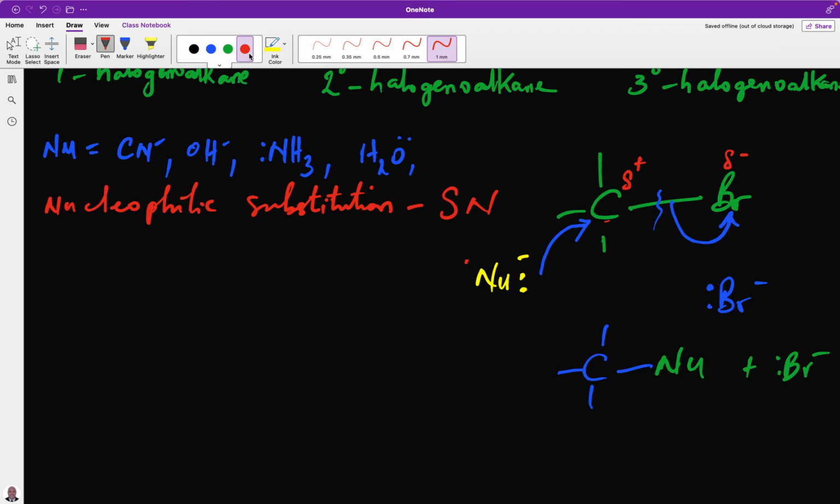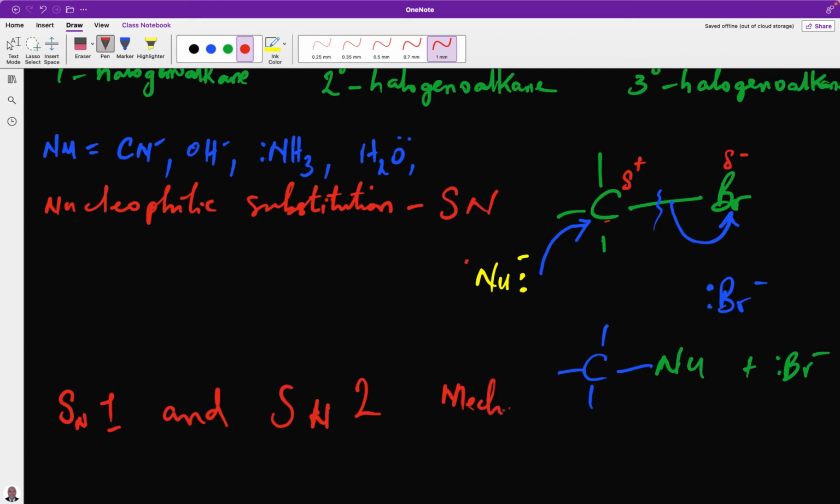We have the SN1 mechanism and the SN2 mechanism. SN1 and SN2 mechanism.